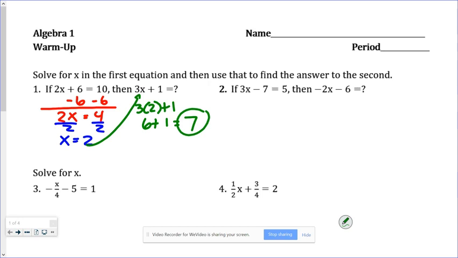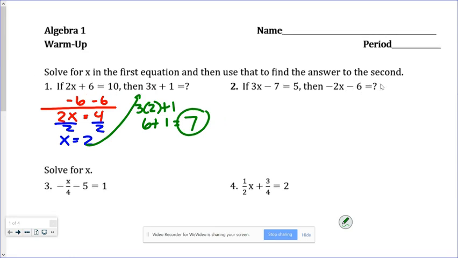Go ahead and press pause on this video and solve number 2. When you're done solving it, then you'll press play and check to see if your answer matches what I have.